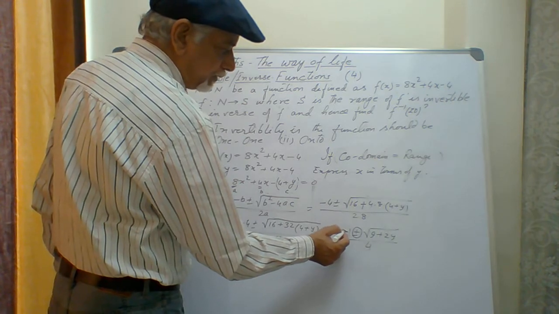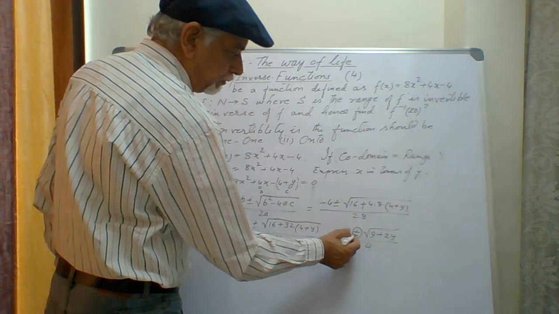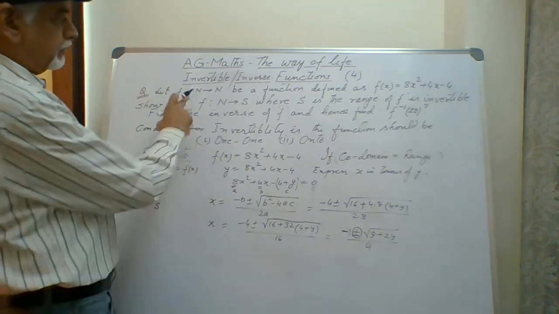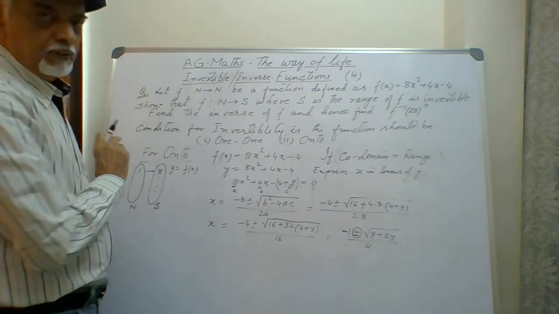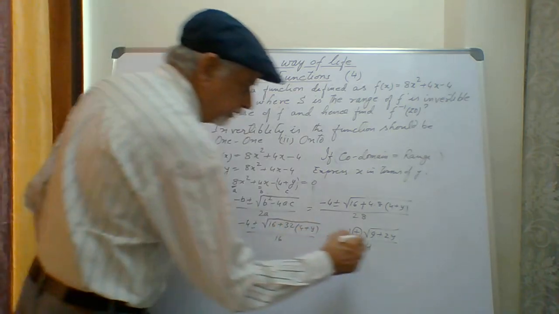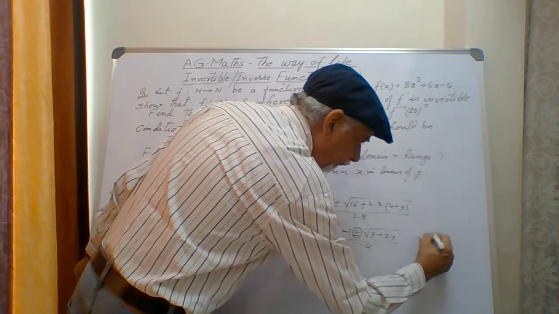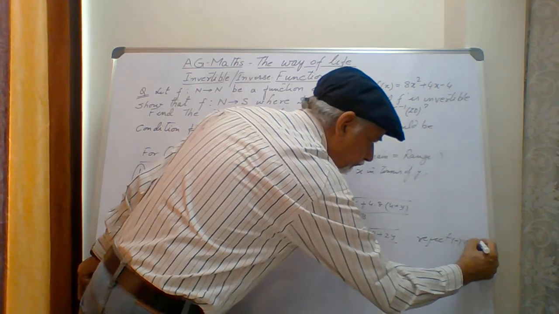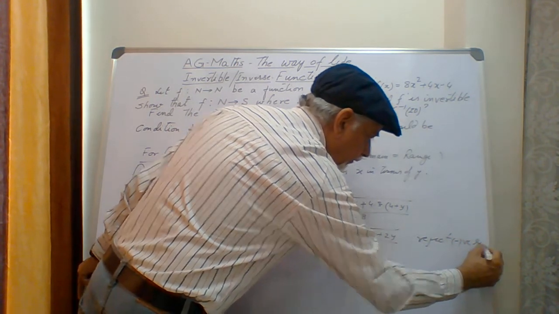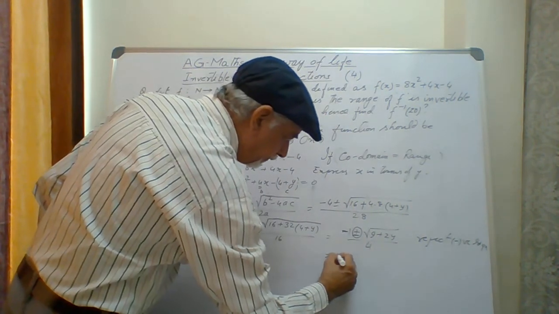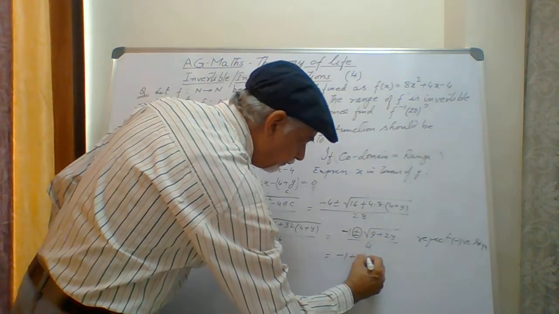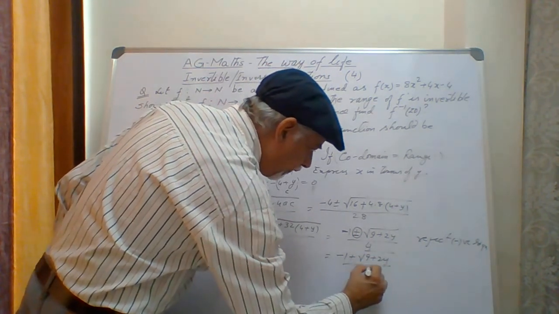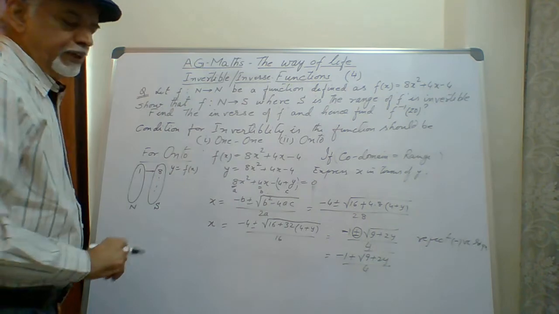If this is minus as per the formula, and if I put this also minus, then the overall result will become minus, which is not allowed. We should have only the real counting number. So reject the negative sign. Then only this sign is rejected, so we get minus 1 plus root of 9 plus 2y over 4. This is the value for x.